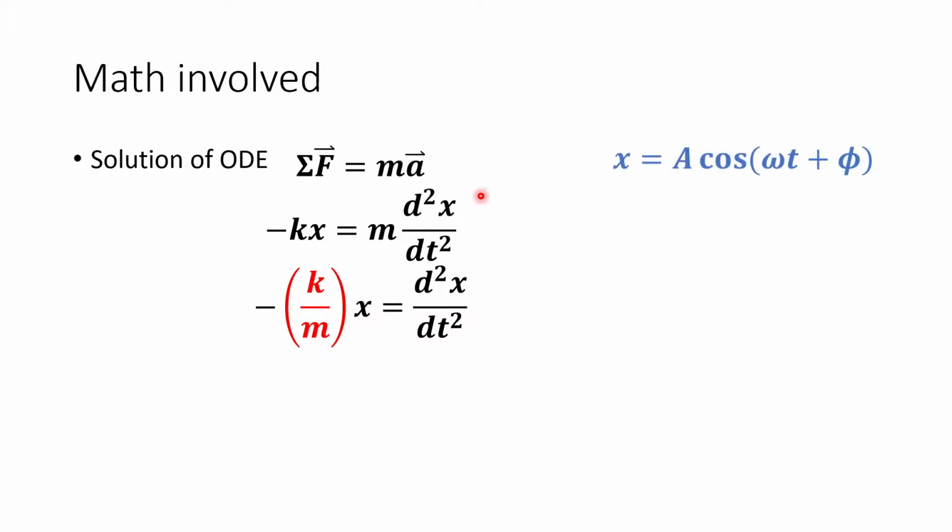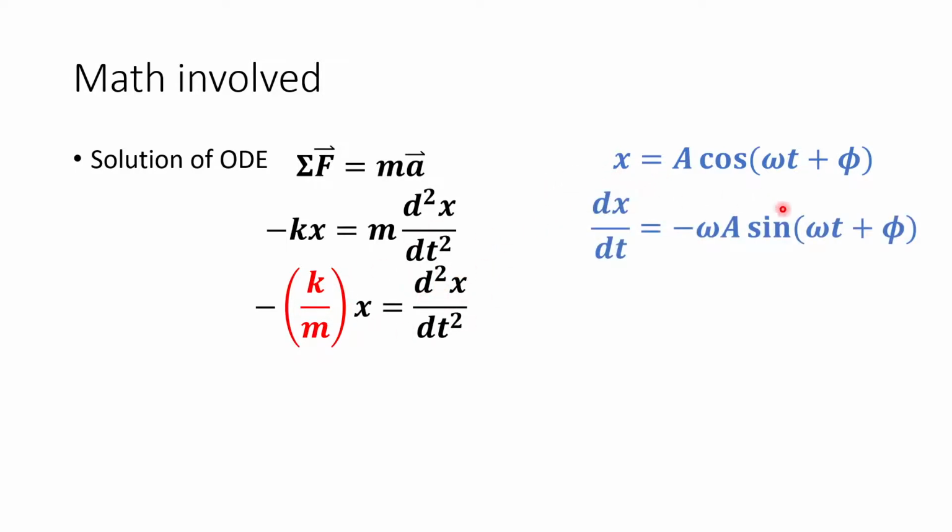Then if you assume that the motion of x is a sinusoidal motion, which is what we call a simple harmonic motion, with an angular frequency omega, x equals cosine of omega t plus phi, whatever phase it is. To solve this equation, you need to differentiate x twice.